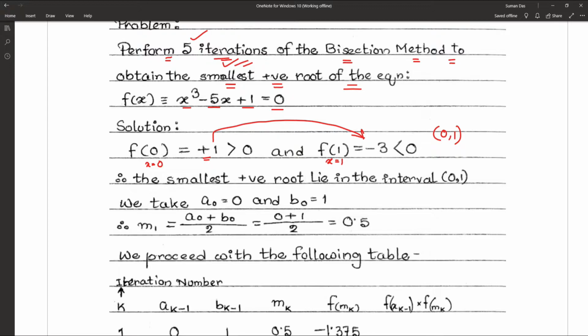According to the algorithm, we take a0 as 0 and b0 as 1. We find the middle point m1 as (a0 + b0)/2, or (0 + 1)/2, which is 0.5.